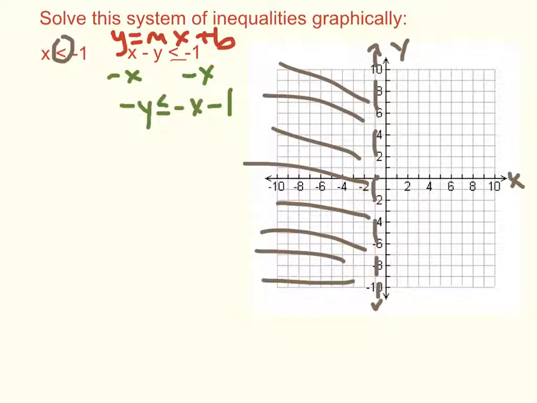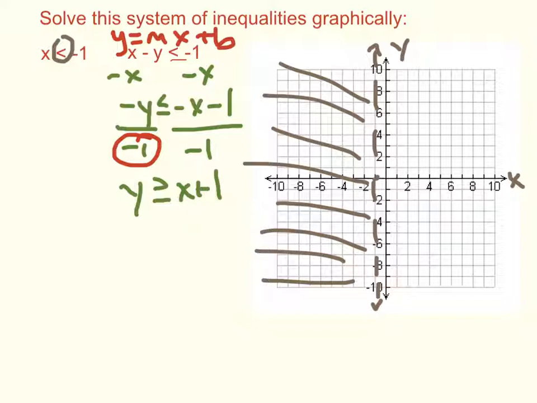Now you'll notice that negative y is not something that we usually work with, so we need to divide everything by negative 1. If you divide by a negative, you have to switch your inequality sign. So we have y is now greater than or equal to x plus 1.